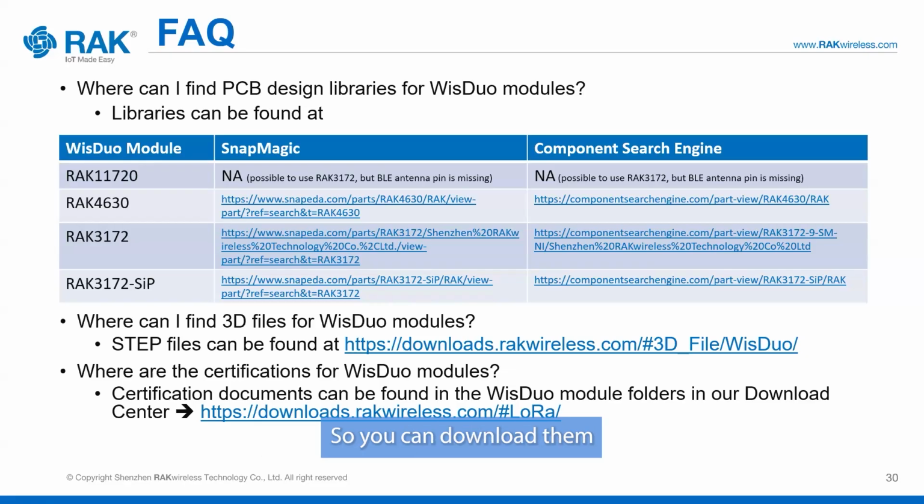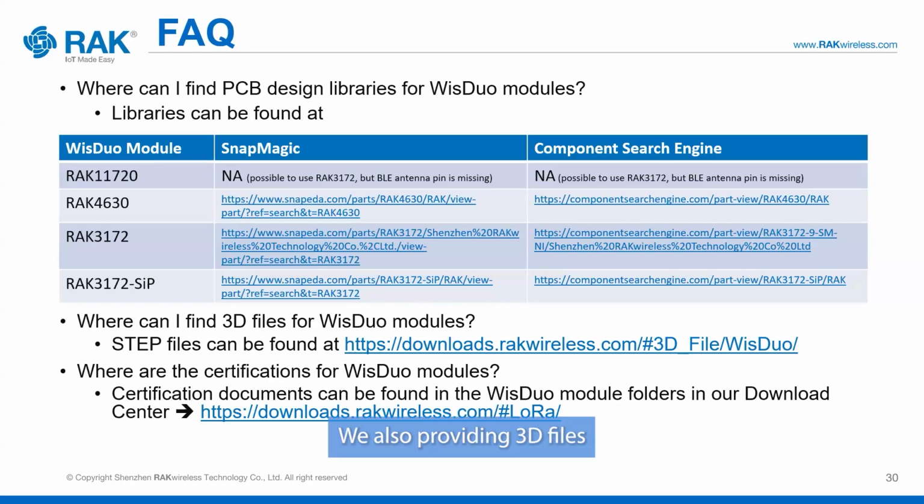You can download them from these providers. They are free, and they support basically all PCB design applications that I have heard of. An exception right now, unfortunately, is the 11720, but the pinout of that module is the same as the 3172. The only missing part is the Bluetooth antenna pin. But in principle, the 3172 pinout can be used for the 11720 as well.